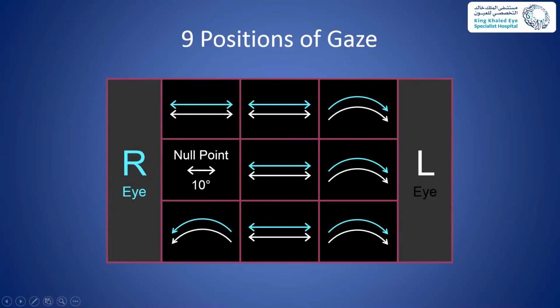In this way, you can describe what abnormal movement this child or adult is having.